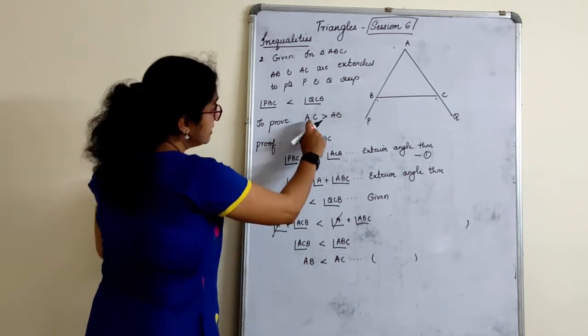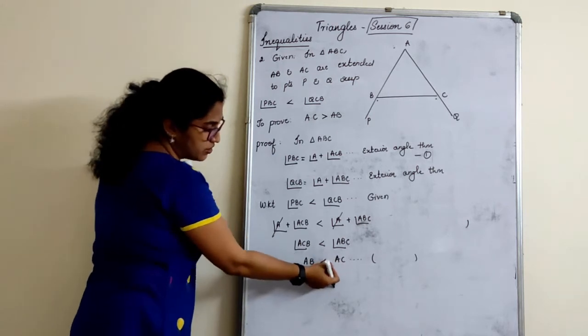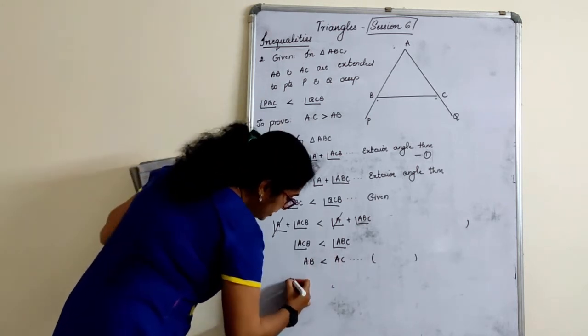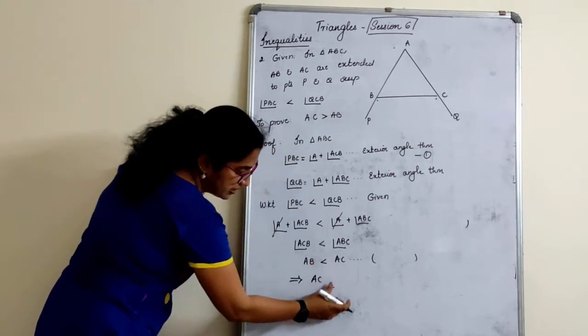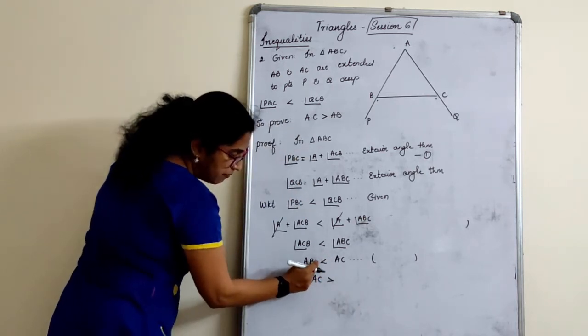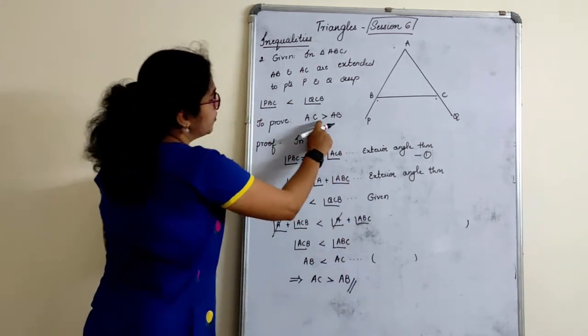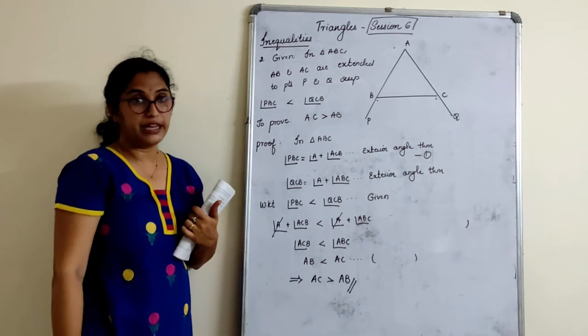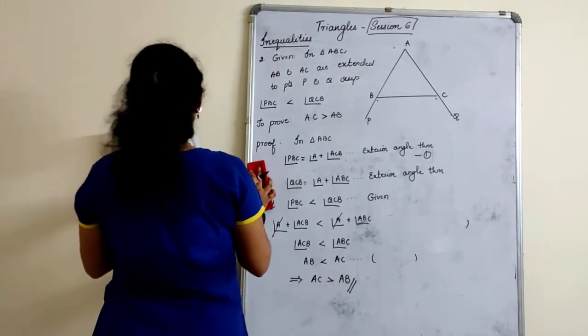What is there? AC is greater than AB. What did we get? We got the same thing. See here, AC is only greater. Reverse it and write. AC should have greater sign only. See here, it's a greater sign. AB should have lesser sign. It's a lesser sign only. That is what they had asked to prove, and that is what we have proved. Quickly, we'll start with the next one.